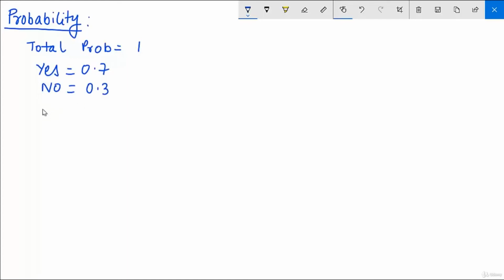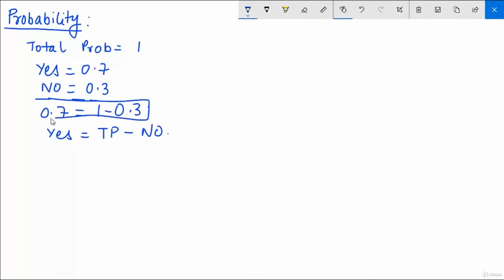If the probability of yes is 0.7, it is total probability minus probability of no. In my own words, yes equals total probability minus no. And total probability is always 1. Why I am explaining this, you'll get to know in a minute.